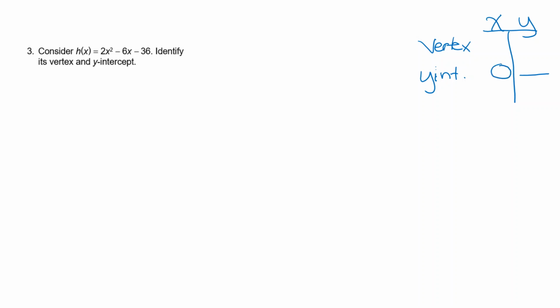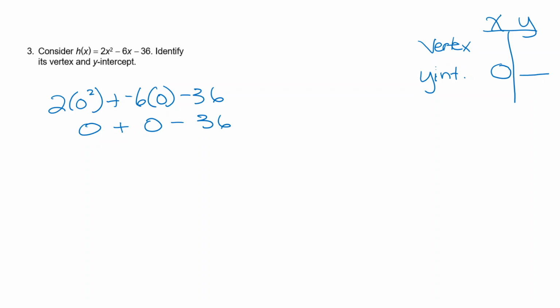So I'm just going to fill in 2 times 0 squared plus -6 times 0 minus 36. Well, that's going to be 0 plus 0 minus 36 equals this h of x, which is our y. So y equals -36. All right, so that goes there. So that's the easy one.